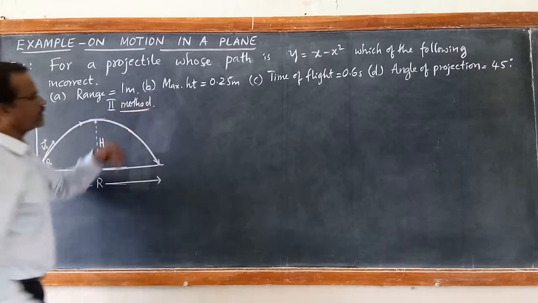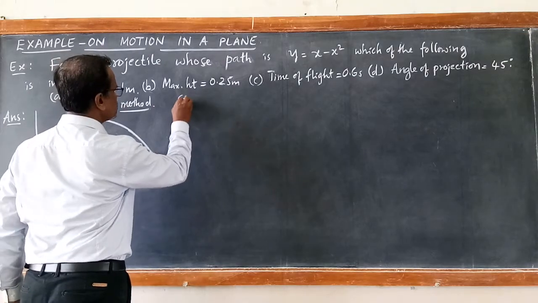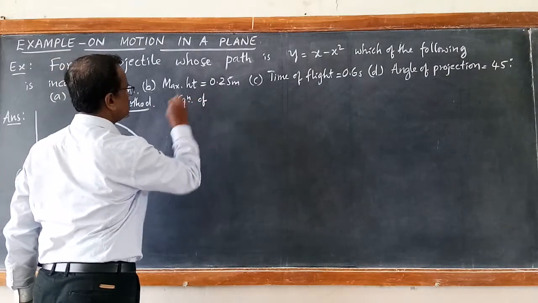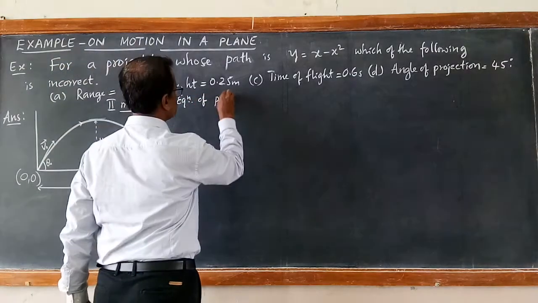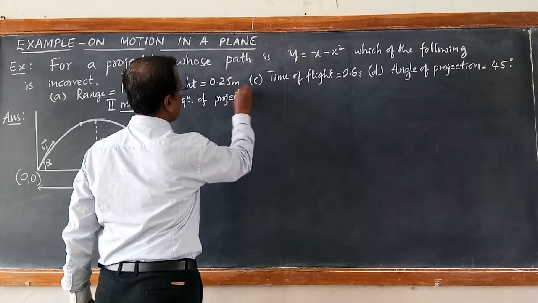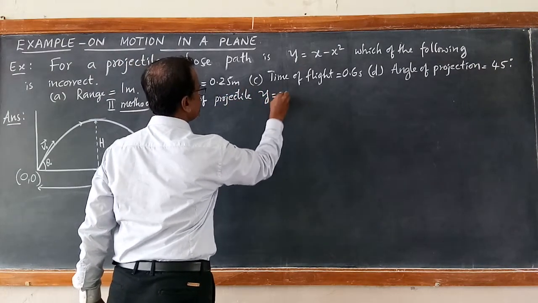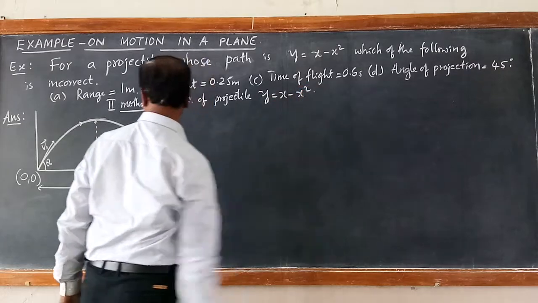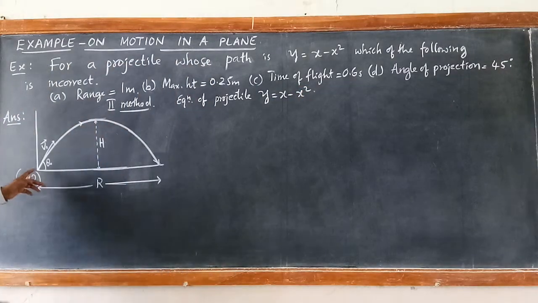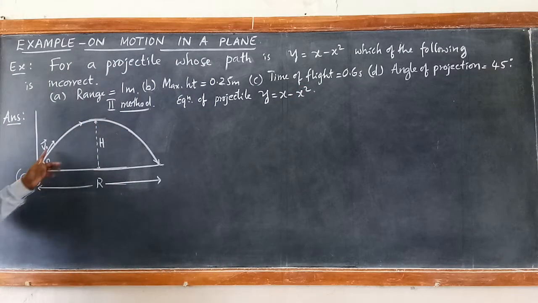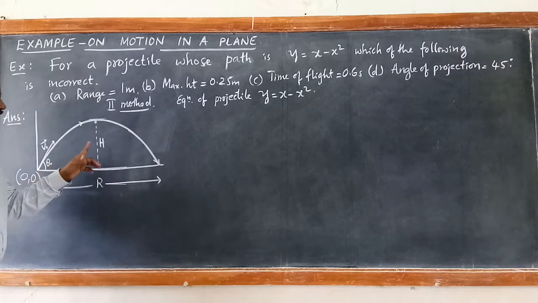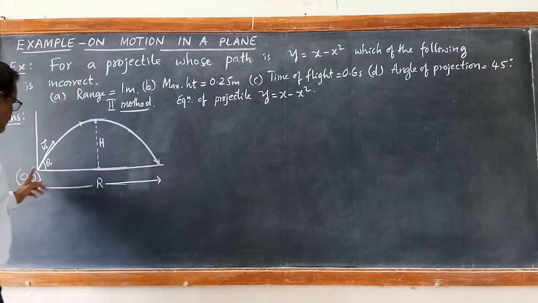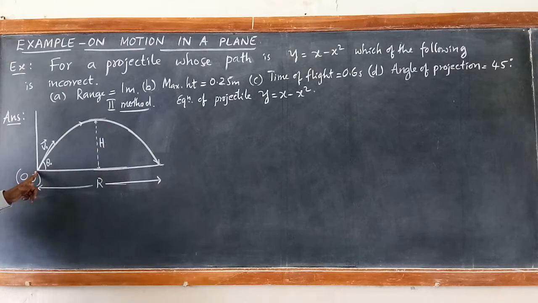So equation for given projectile. Equation of projectile: y is equal to x minus x square. Now, when the projectile is thrown with the angle of projection theta naught, you see initially it is projected from origin, coordinates 0, 0.